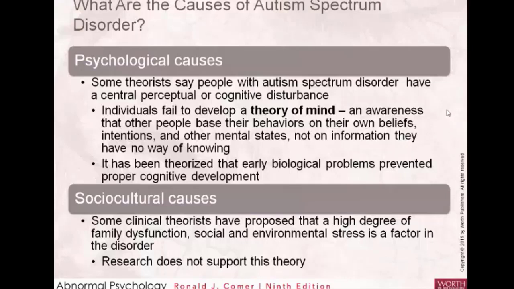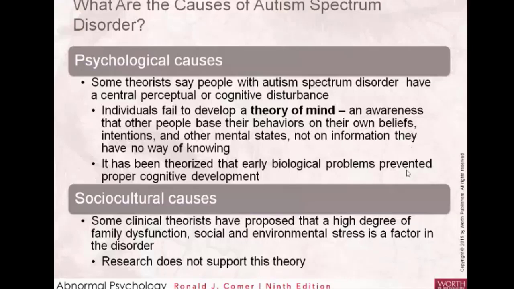Basically, what we're saying here is that individuals who have autism spectrum symptoms might have a difficult time seeing things from another person's perspective, might have a difficult time thinking about things a different way, maybe a rigid way of thinking about things because it's difficult for them to think about things from a different perspective.